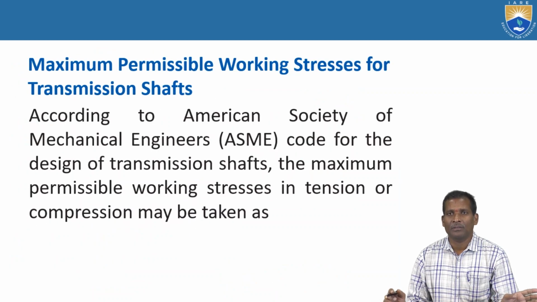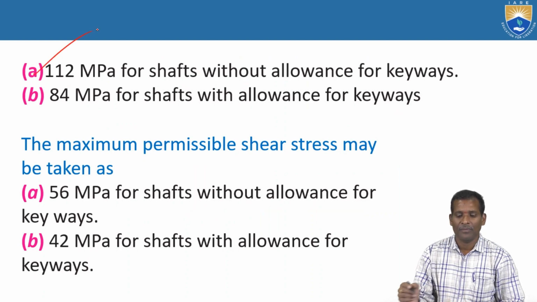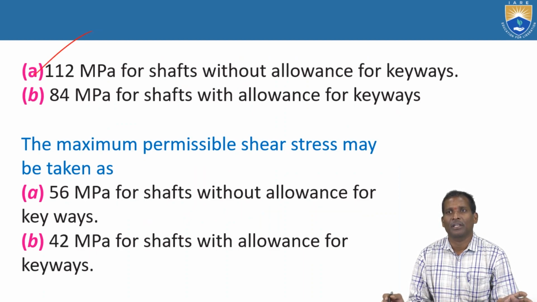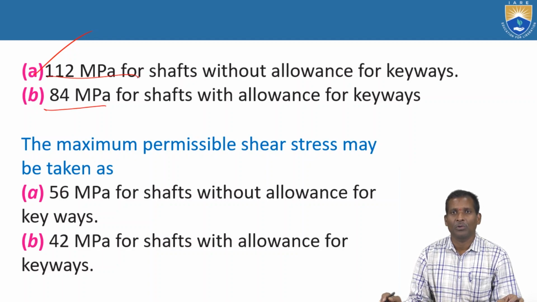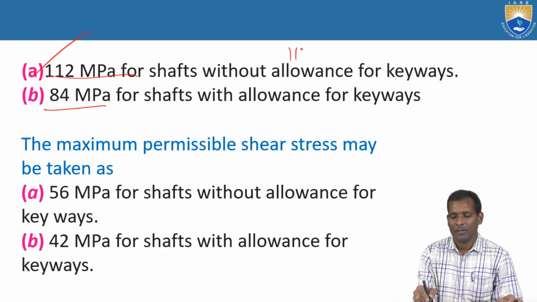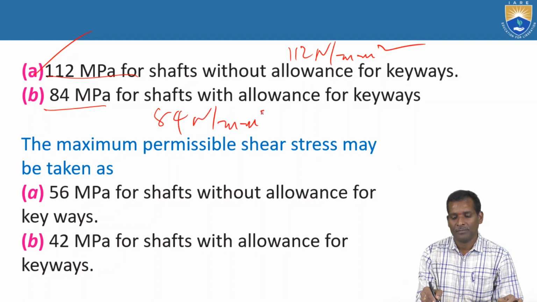First, the maximum permissible working stresses for transmission shafts. According to the ASME code, for the design of transmission shafts, the maximum permissible working stress in tension or compression may be taken as 112 megapascal for shafts without allowance for keyways, and 84 with allowance for keyways. These are the standard values.